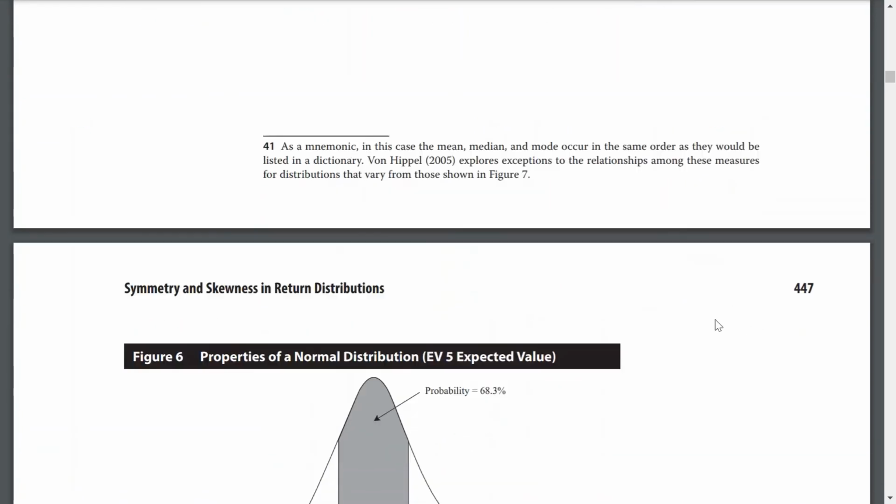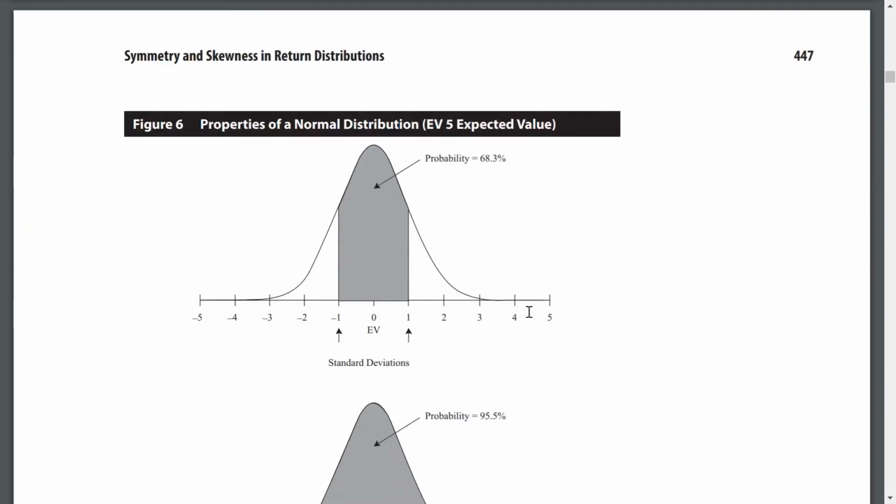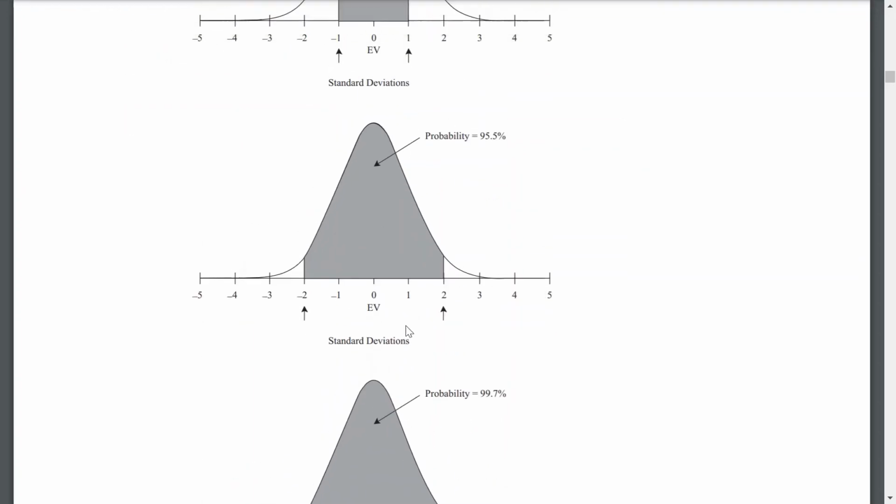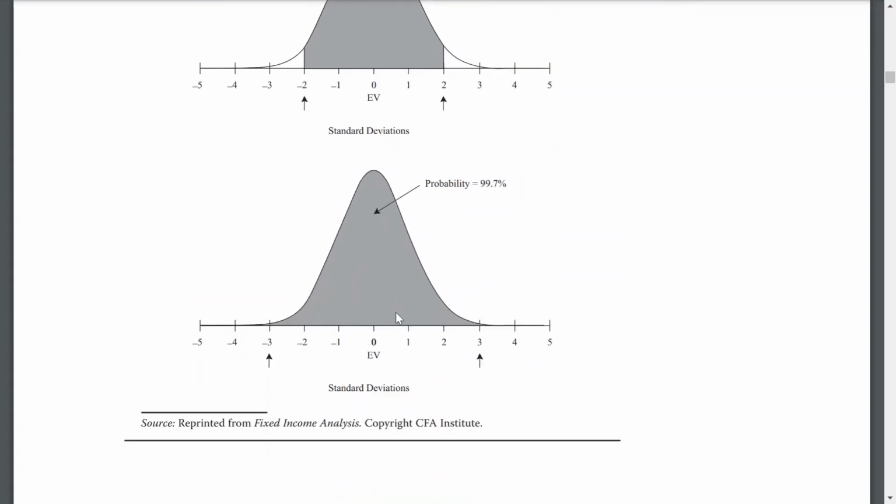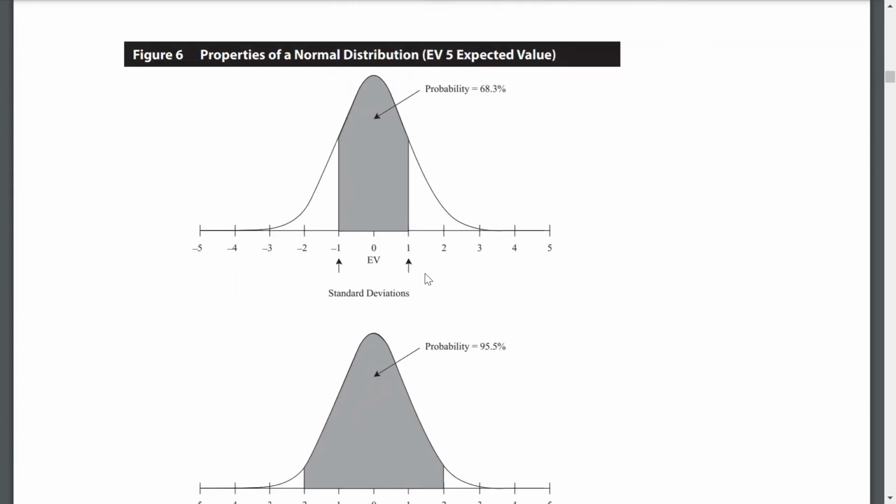So this is the standard deviation: a probability of 68% is between 1 and -1 standard deviation, 95% is between 2 and -2, and 99% is between 3 and -3. So this is the 95, and this is the 99 percentile. If you calculate standard deviation, if it has the distribution of a standard deviation, then it should look something like this.